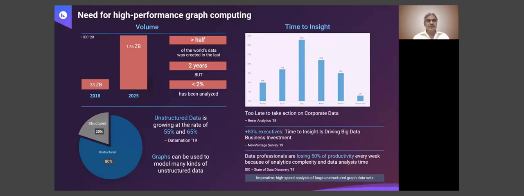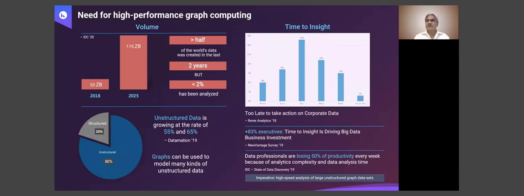And a lot of this unstructured data, it turns out, can be usefully represented as a graph and then processed using graph techniques. So that is the first part of the argument about why high-performance graph computing is essential, the sheer volume of graph data that needs to be analyzed.